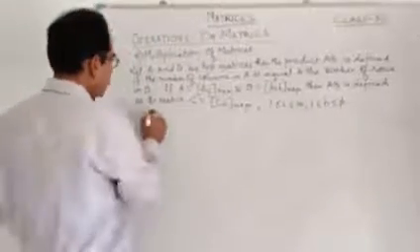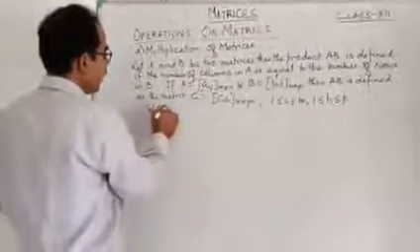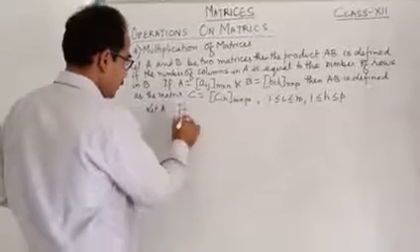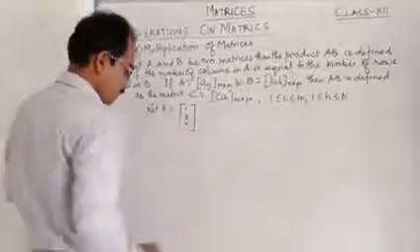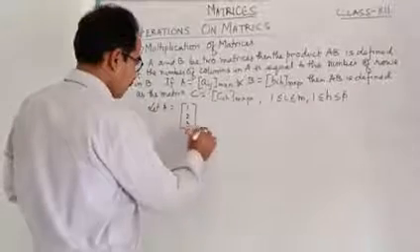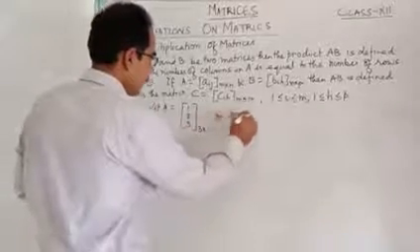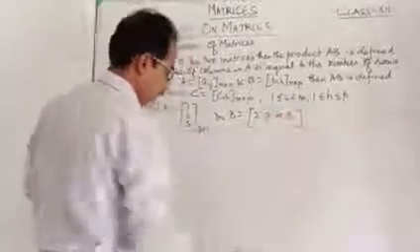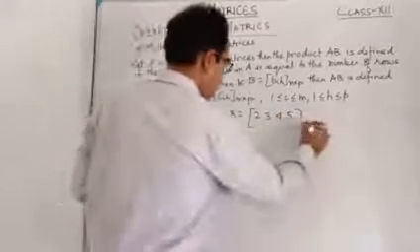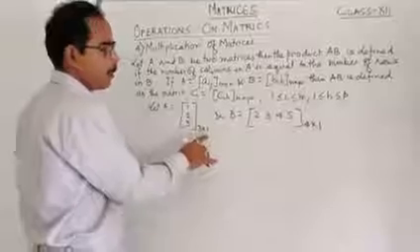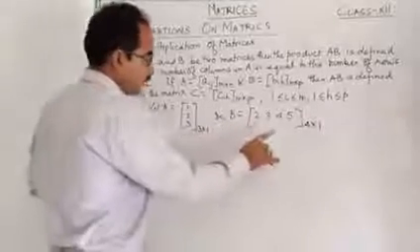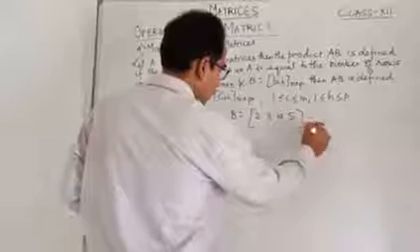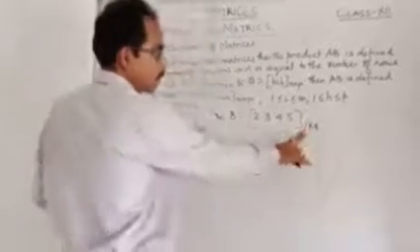Suppose let A be one matrix, 1, 2, 3. And B, let us take 2, 3, 4, 5. Look at here, the number of columns of the first matrix and the number of rows of the second matrix are both the same.